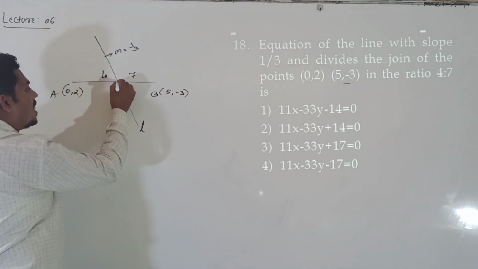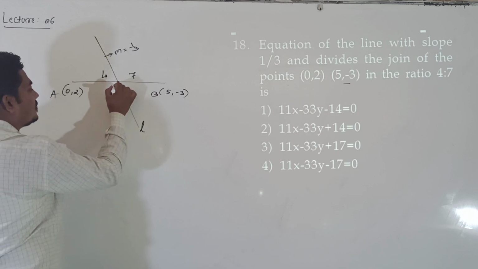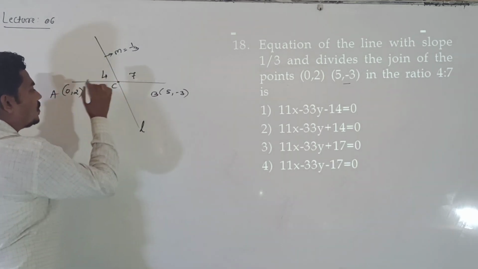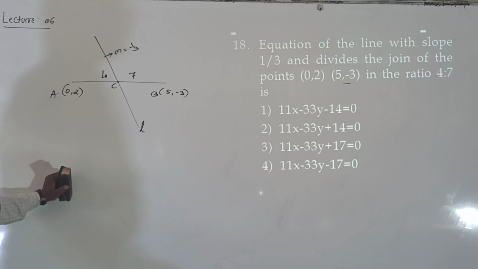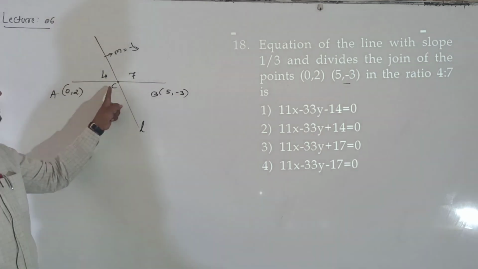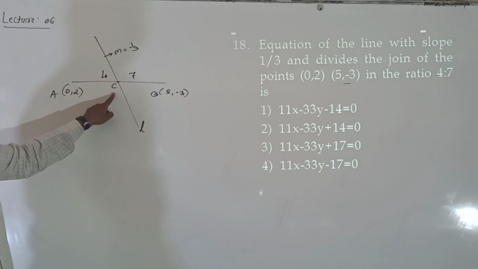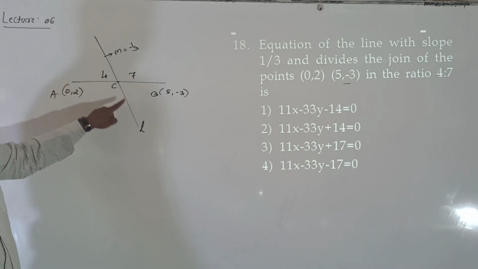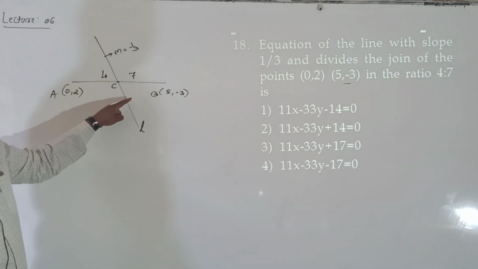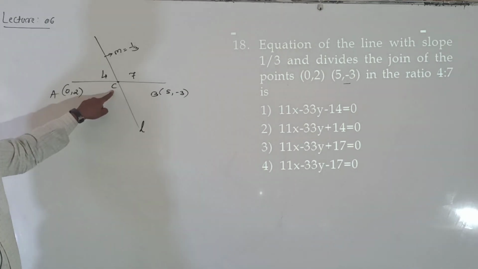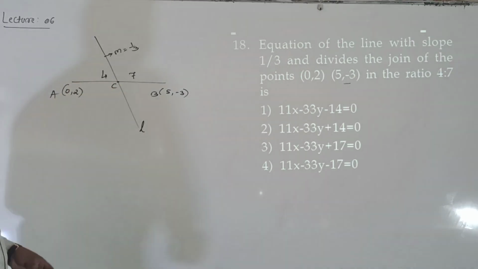Can you tell me the coordinates of this point? Suppose we take it as C. Coordinates of C, just by using the section formula: this line L divides AB in the ratio of 4:7, means this point C divides AB in the ratio of 4:7.